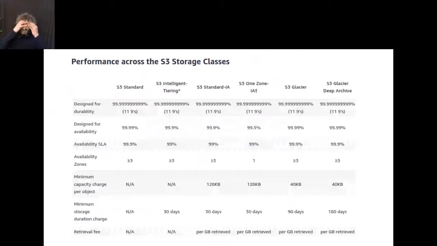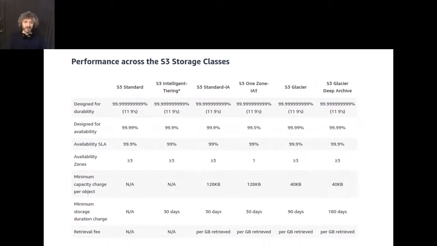Now it's a bit more complex because there are, at least as of today, 6 different storage classes, plus the whole reduced redundancy that is out of scope. All of them are designed with the same durability of data, so 11 nines. That's cool. They have different availability, with one exception, the one zone infrequent access, which we'll see in a second.